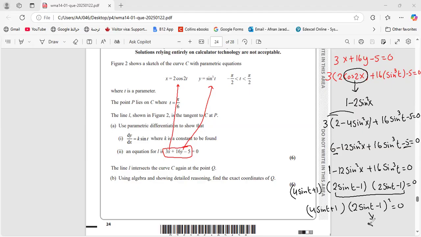So sine t equals half and sine t equals negative 1 over 4. Okay, you will have that this sine t here equals P and Q. So sine inverse half equals t. So this one equals pi over 6, which is point P.